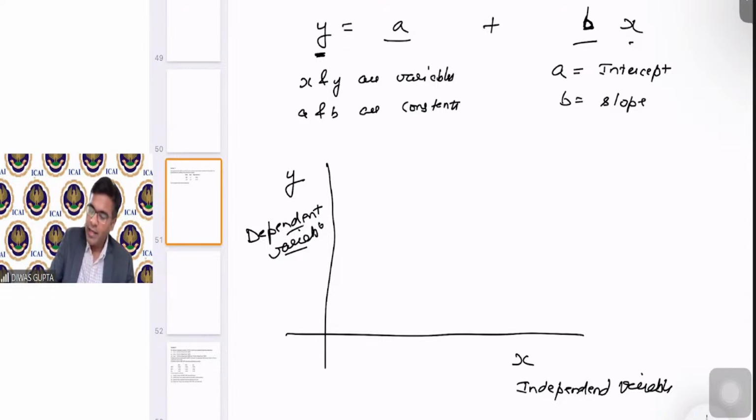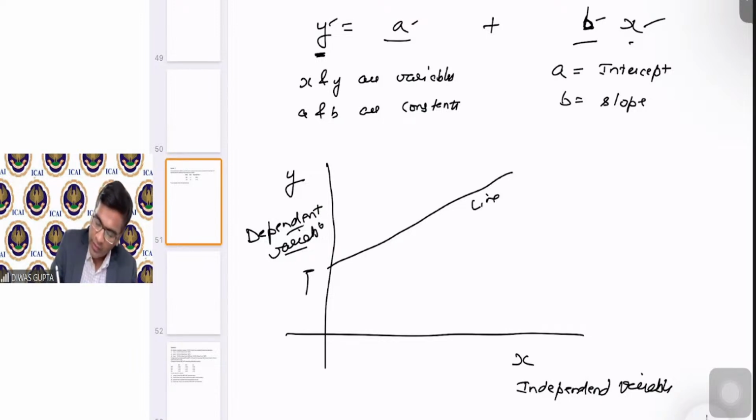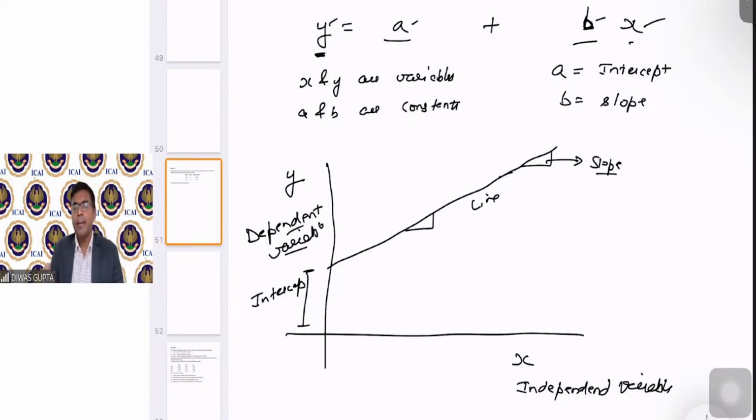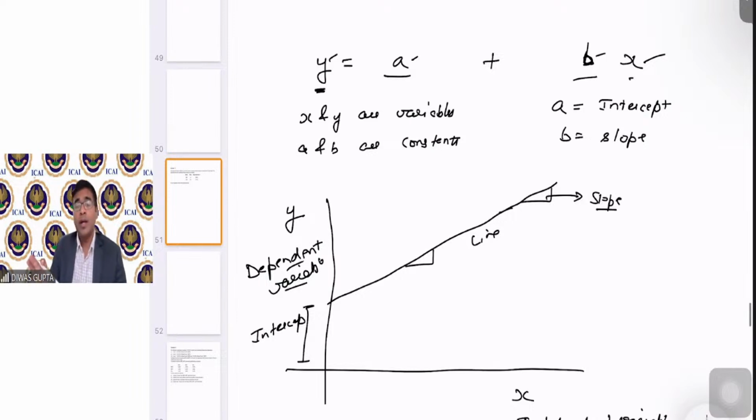X was called the independent variable, y the dependent variable, a the intercept, and b the slope. Now, it was always told to us that this is a line. Wherever it cuts the y-axis was called the intercept, and the degree of this line was called the slope. Correct, students? This is nothing new. I'm just recapping what you have already studied in your previous classes.